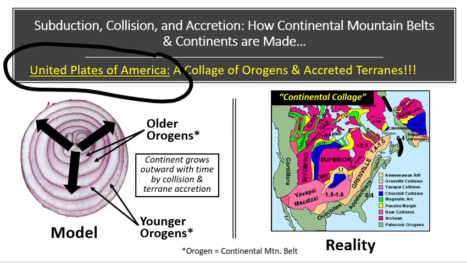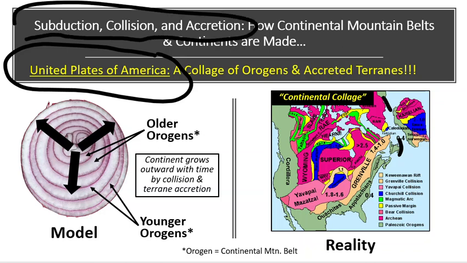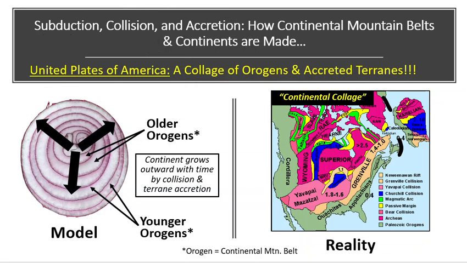But that's pretty cool, right? On geologic timescales of billions of years, the take-home message of this slide is just to appreciate that as a result of subduction, collision, and accretion, entire continents get made in this fashion over long stretches of geologic time.